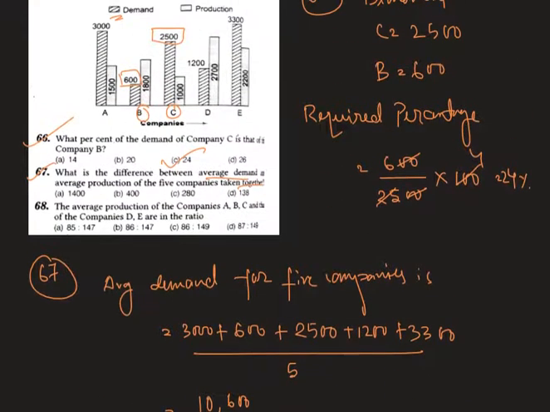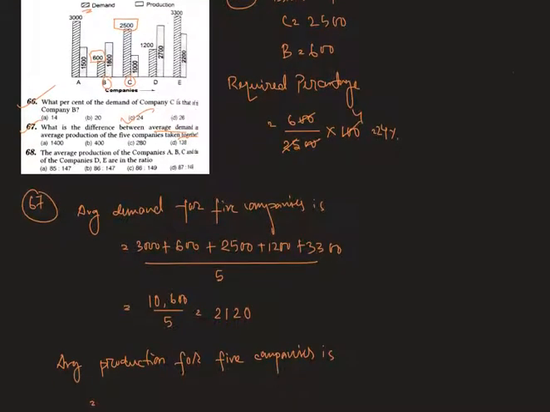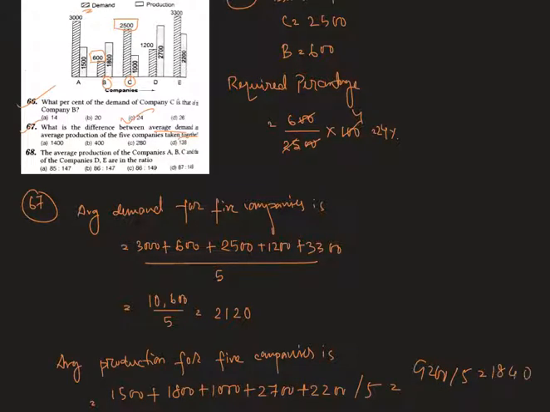It is the average of 1500 plus 1800 plus 1000 plus 2700 and lastly 2200, divided by 5, which results in 9200 divided by 5, and that is equal to 1840.